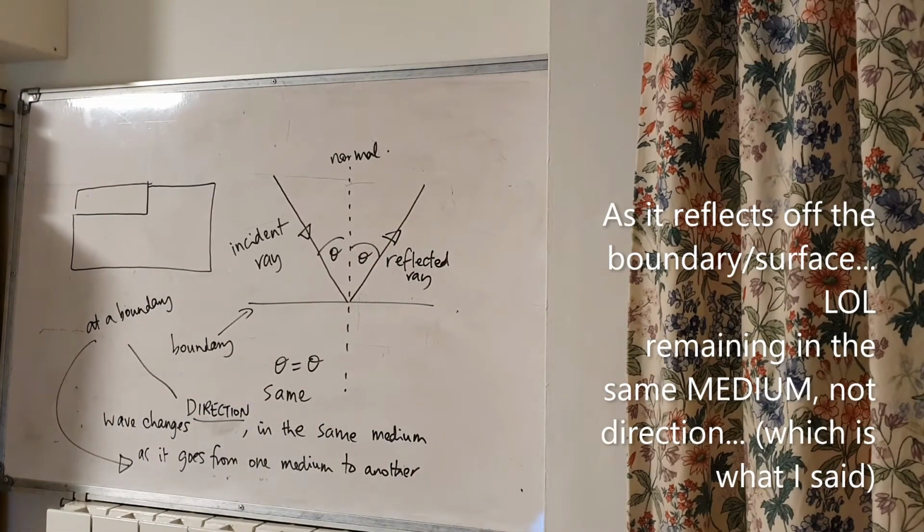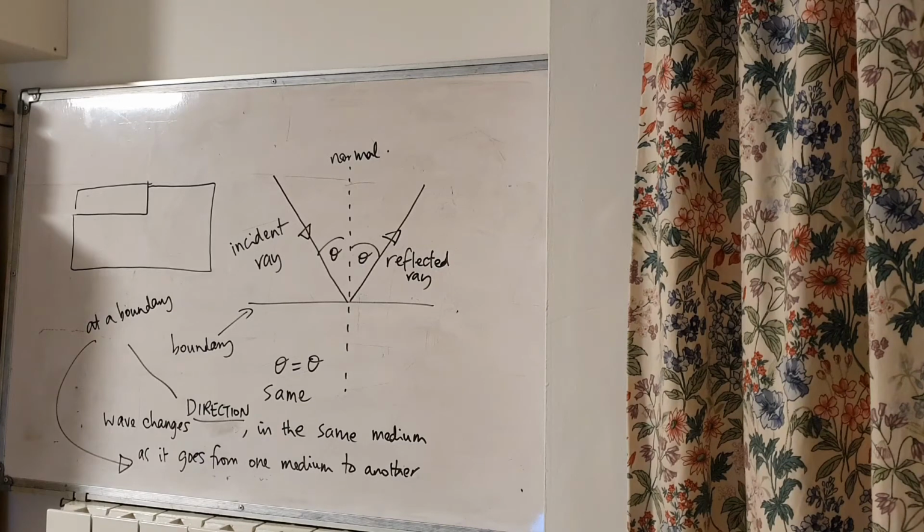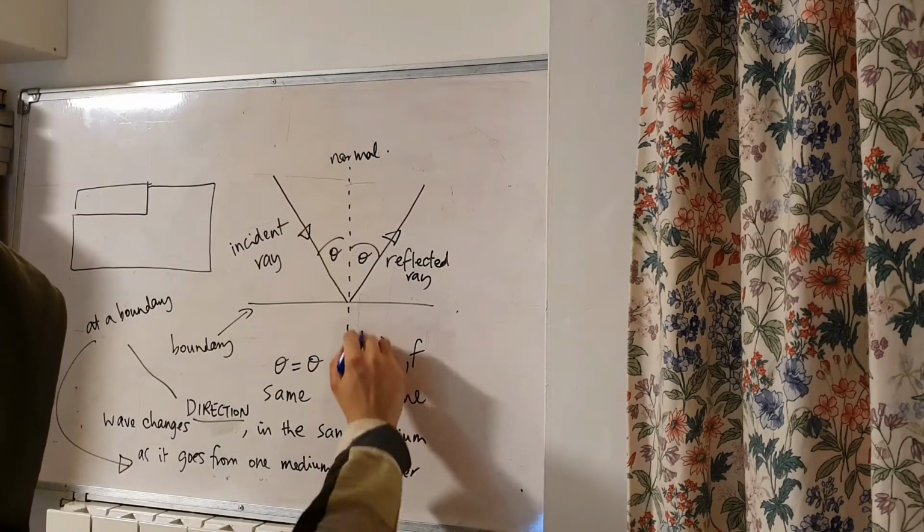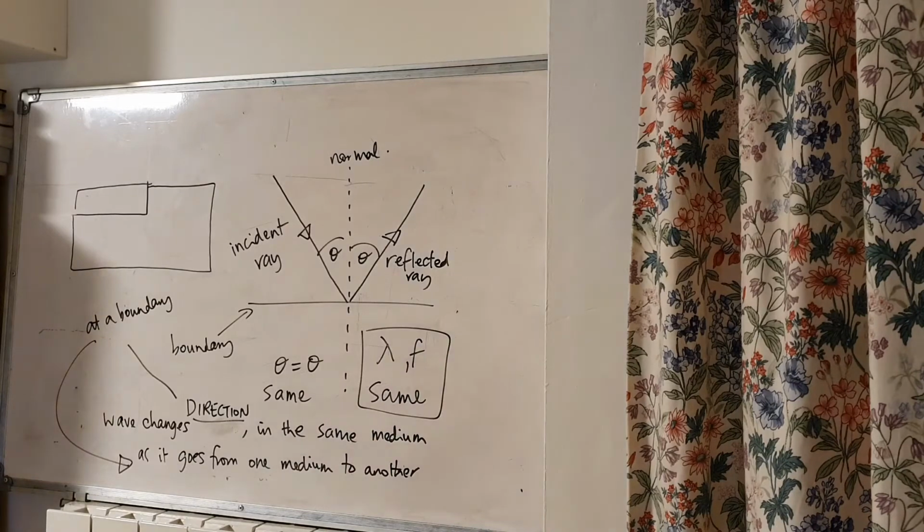Now, what happens to the wavelength and the frequency? As it gets reflected, the wavelength and the frequency stay the same. So they don't change.